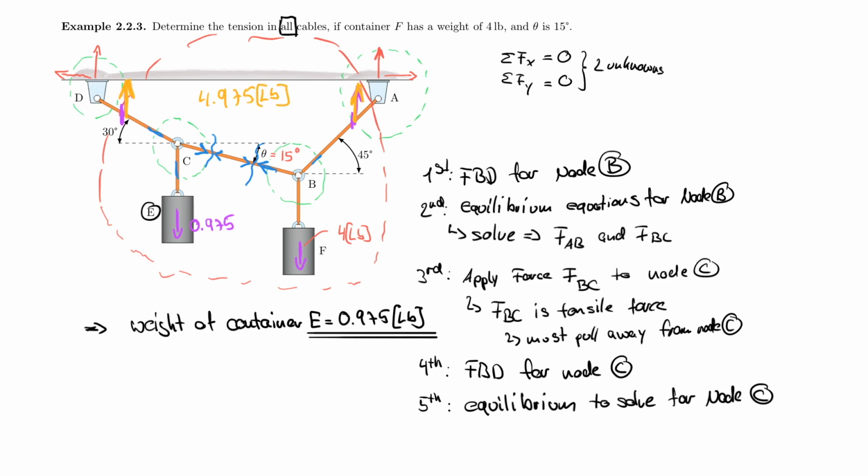That is the force that needs to pull up. So please double check your answer here and make sure that your force is pulling up with 4.975 pounds. This plus this must be equal to this. That is once again the sum of the forces in the x direction.